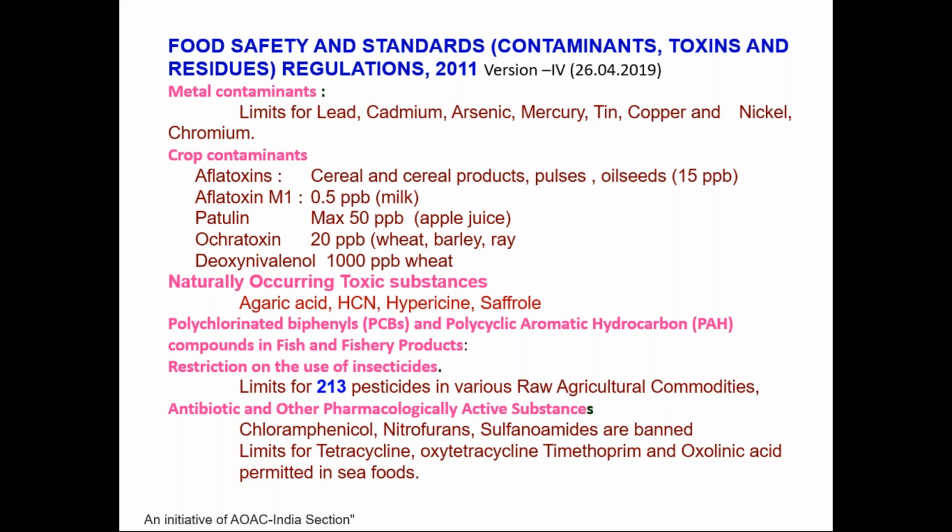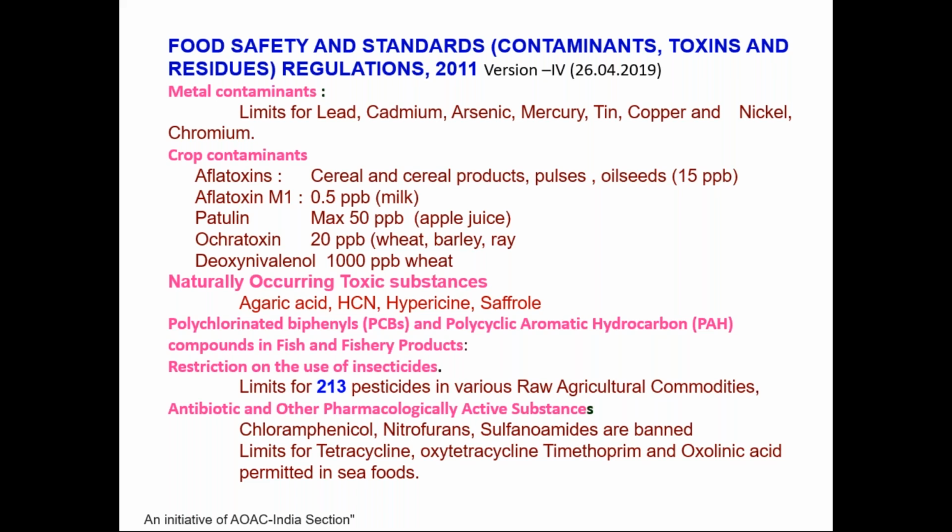Patulin in apples cannot exceed 50 ppb. Ochratoxin and DON or deoxynivalenol cannot exceed. Agaric acid in mushrooms and alcoholic drinks is defined. HCN in tapioca products, hypericin in alcoholic products, and saccharol have been defined.